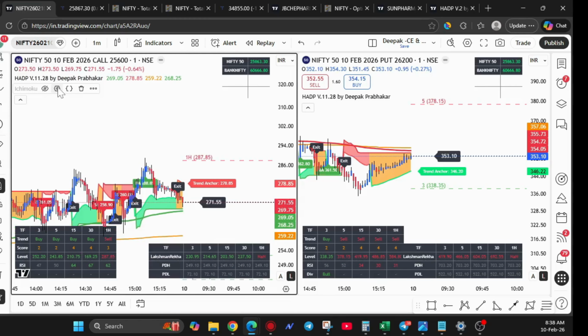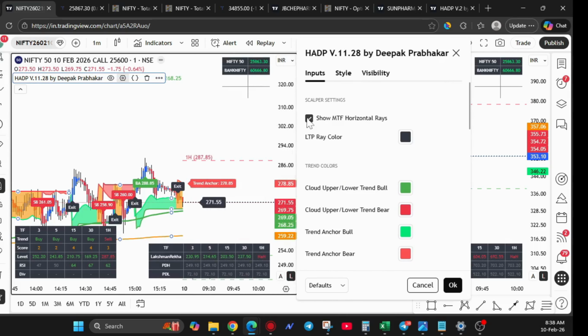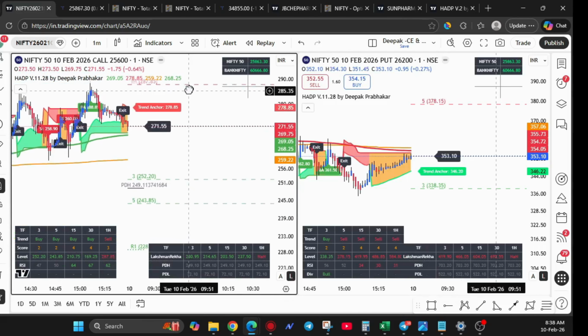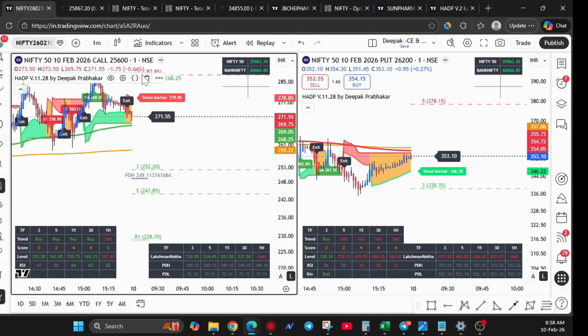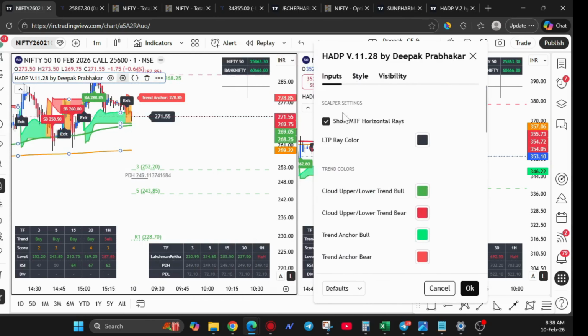Now if I go to the settings, you will see that there is something called show horizontal rays. What is this? This is nothing but the values that you are seeing here, right? 3 minutes is at 252.2, 5 is at 243.85. Those numbers which are here. If you don't want to see them, you can switch them off and they will vanish.